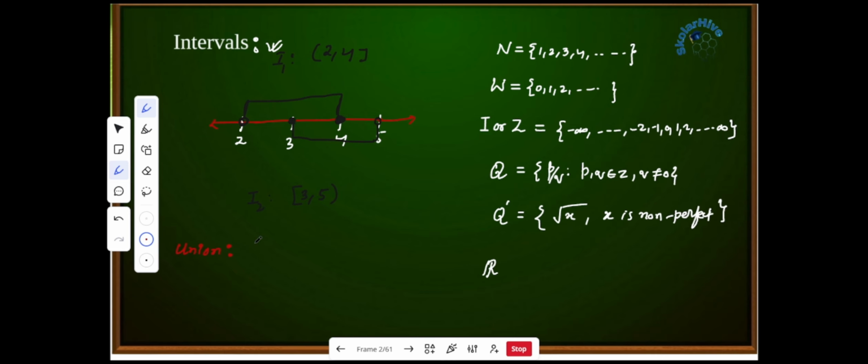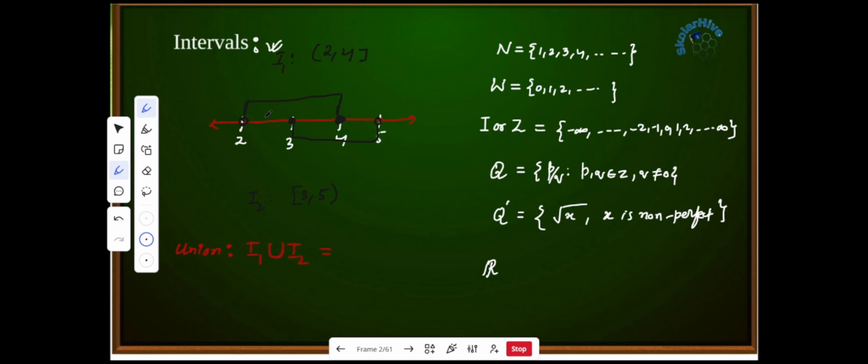So the union of these two, I1 union I2, where this symbol U is for union, is nothing but an interval which contains this interval as well as this interval.